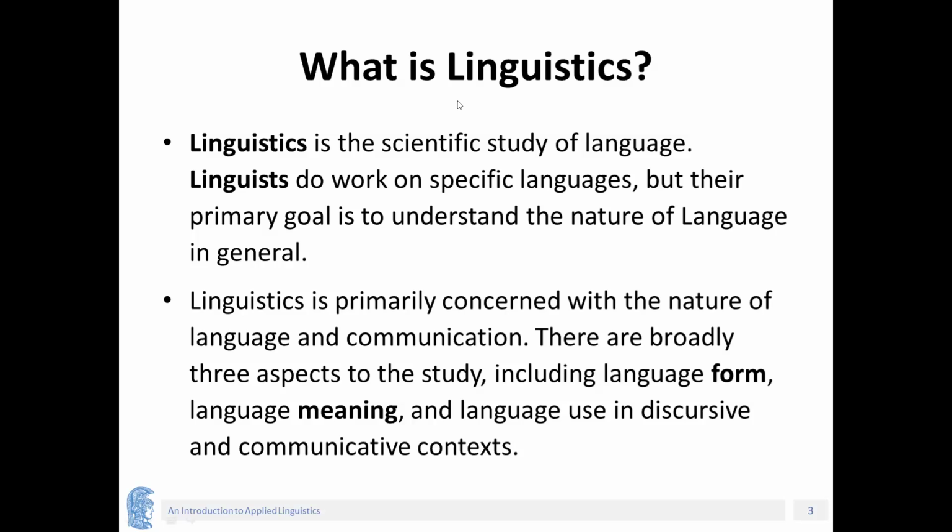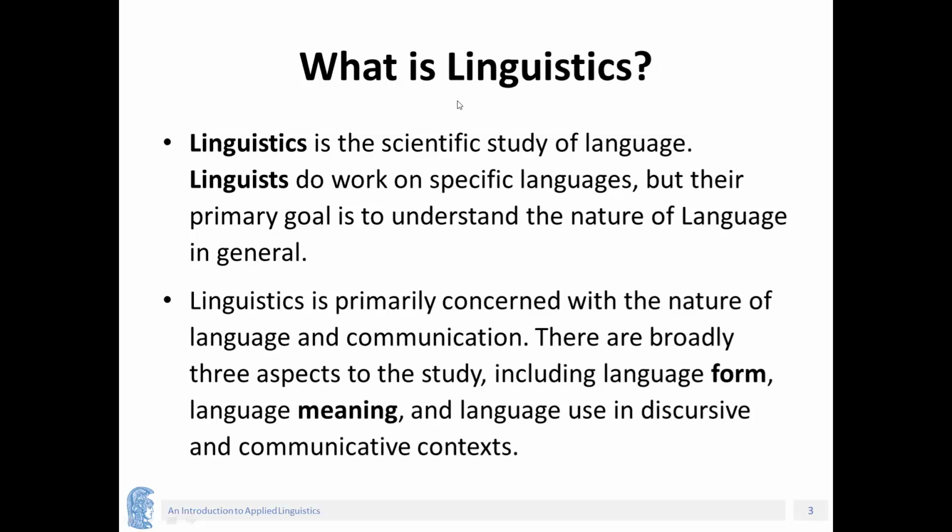What is linguistic? Linguistic is the scientific study of language that you already know. So under the broad area of linguistic, what we are doing is a kind of scientific study of language. The person who is doing this study is called linguist.